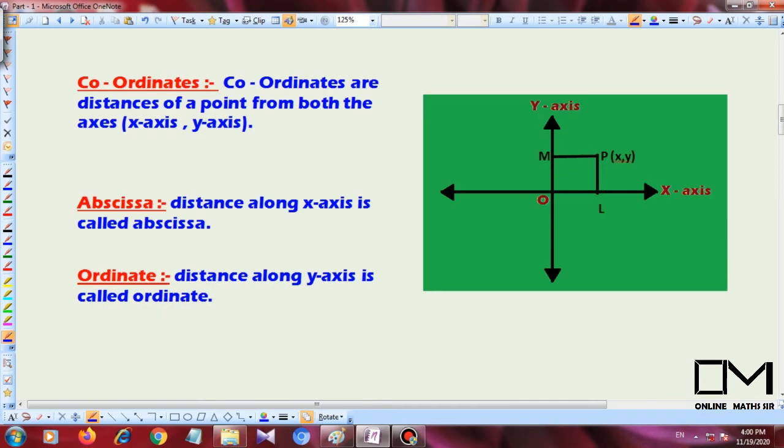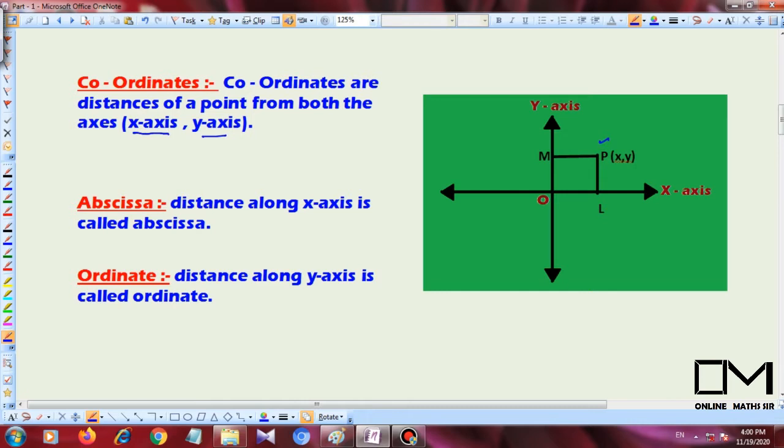Now what are coordinates? Coordinates are the distances of a point from both the axes, meaning the x-axis and y-axis. Suppose a point P is located here.